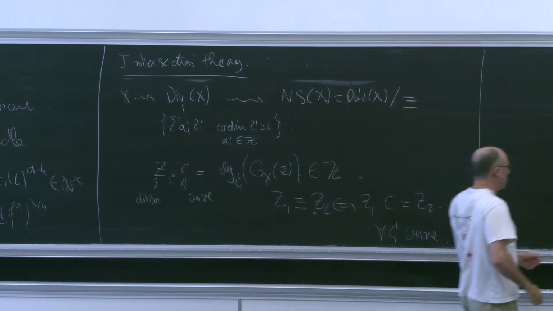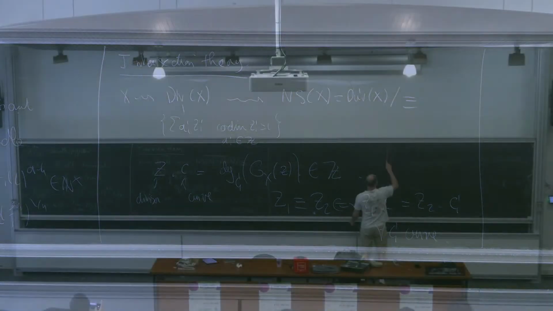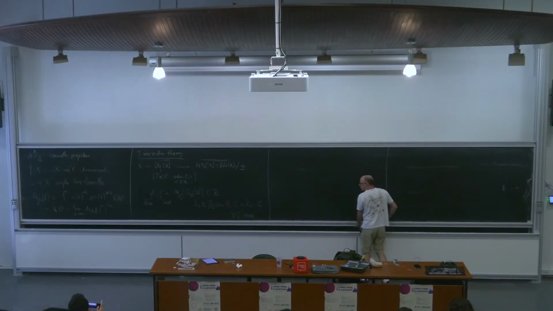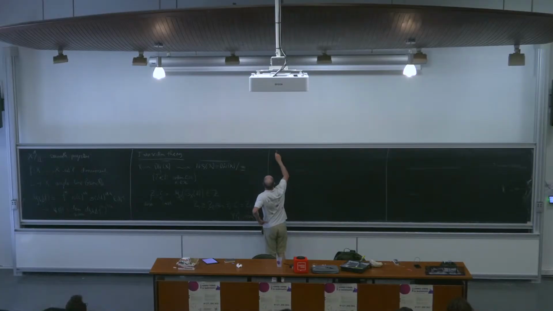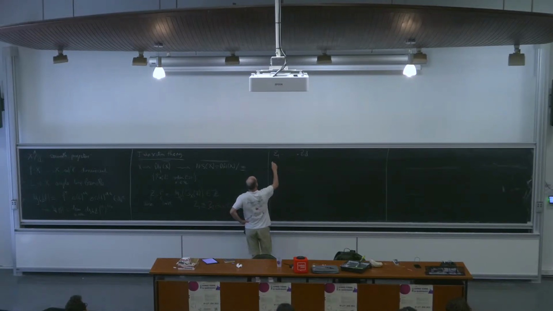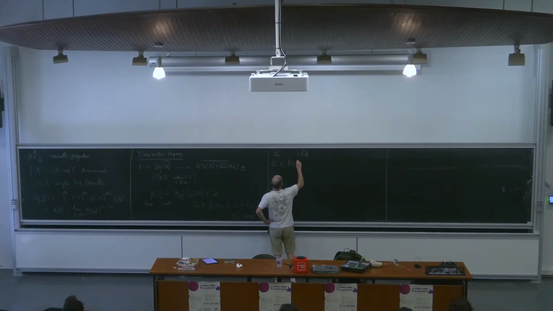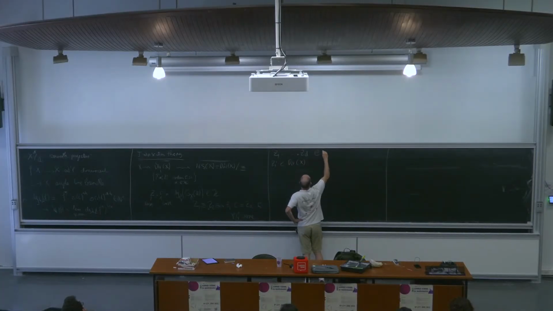And also, let me follow my notes, because last time I didn't do that, and it turns out to be delicate. So also, I want to be able to intersect D divisors. So this is going to be a number.